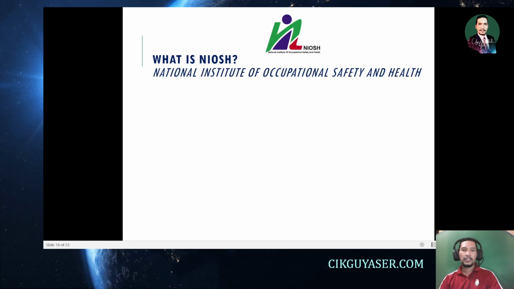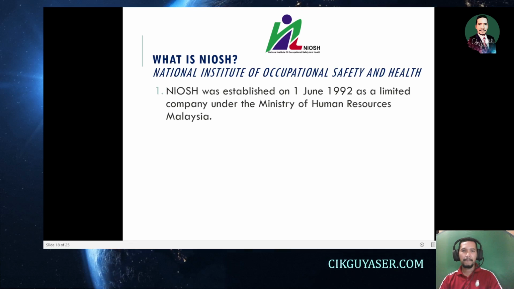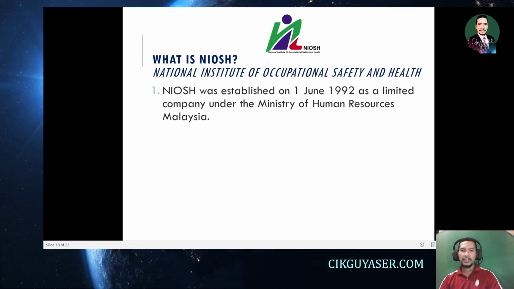Okay, so what is NIOSH? NIOSH is the short form for National Institute for Occupational Safety and Health. NIOSH was established on 1 June 1992 as a limited company under the Ministry of Human Resources, Malaysia.